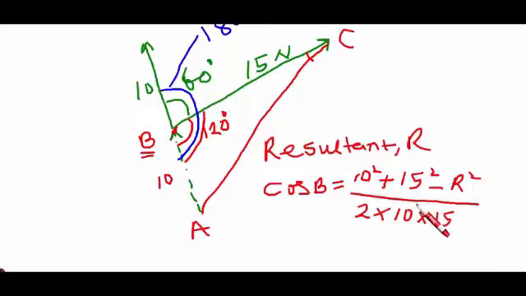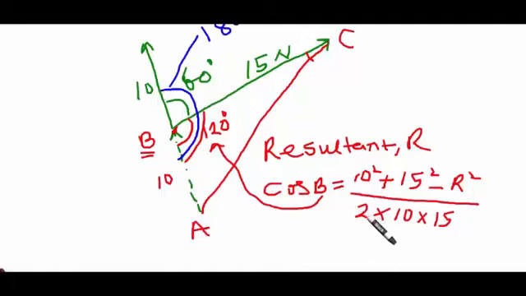Okay, you can easily see that our unknown here is only R, since we know our B is 120. So the issue now becomes a computation. We just calculate now.